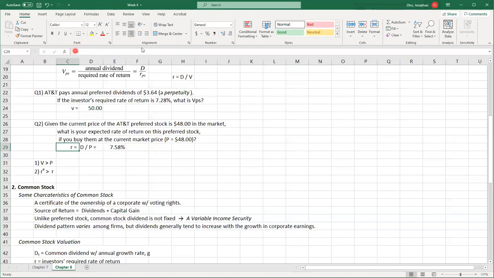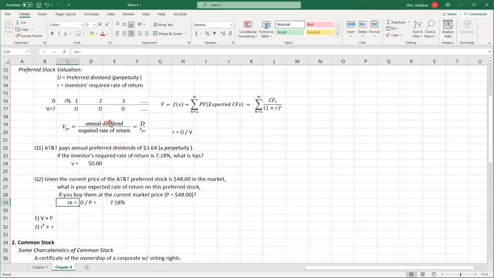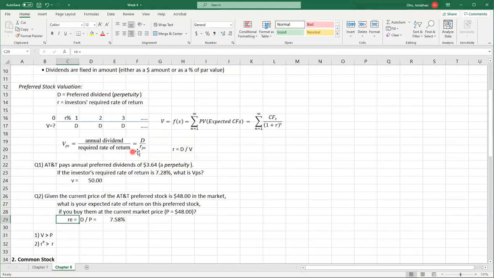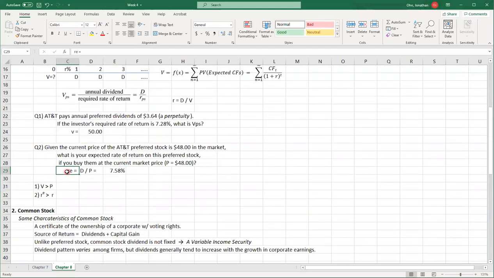You could say R expected. I asked what your expected rate of return is, not the required rate of return. Required rate of return is R. So expected rate of return, RE, is equal to D divided by P, that's 7.58%.